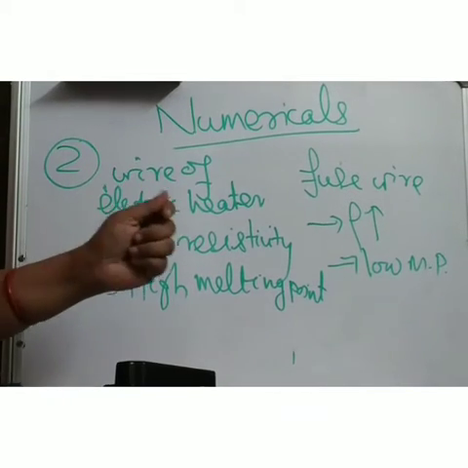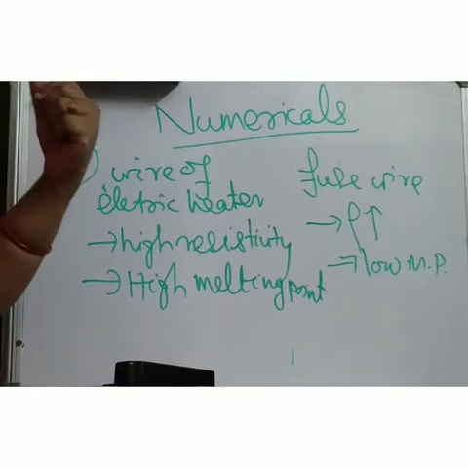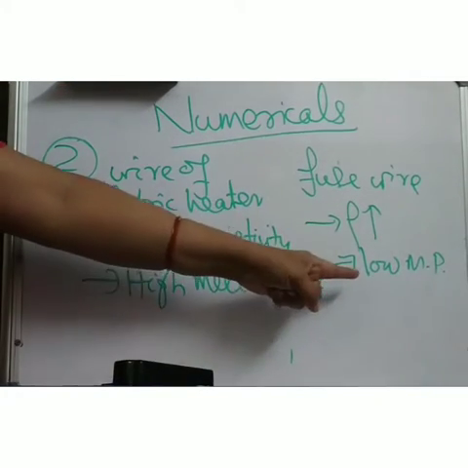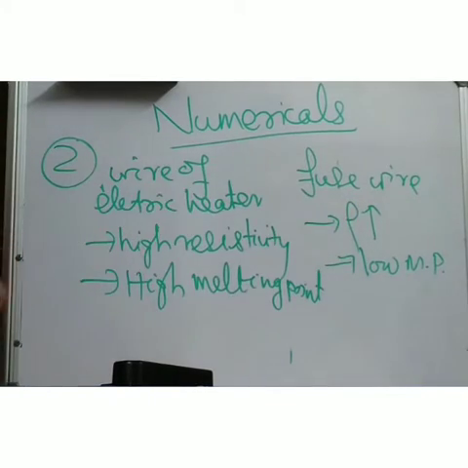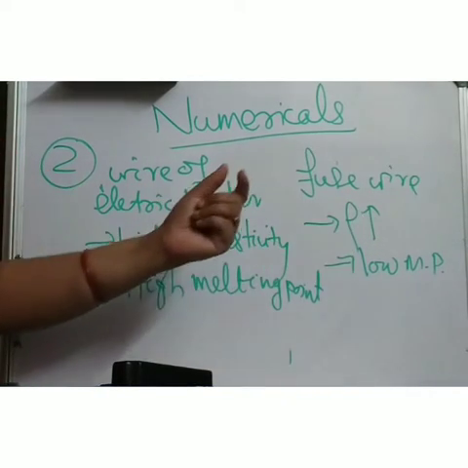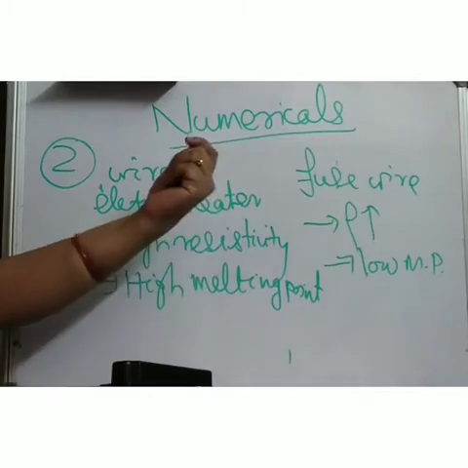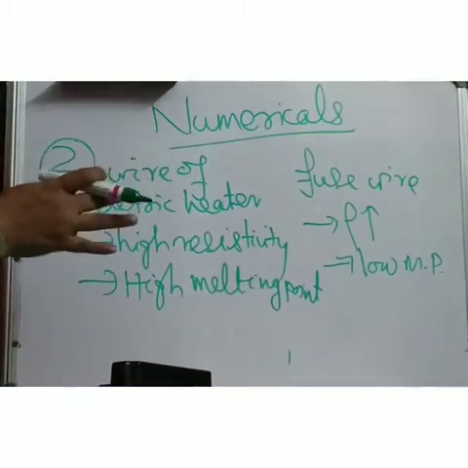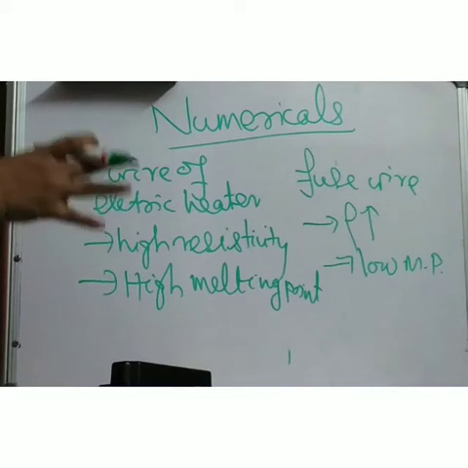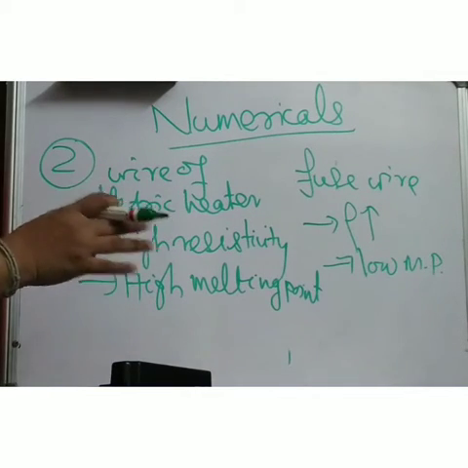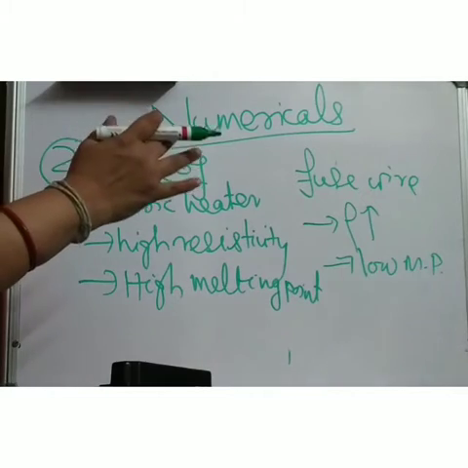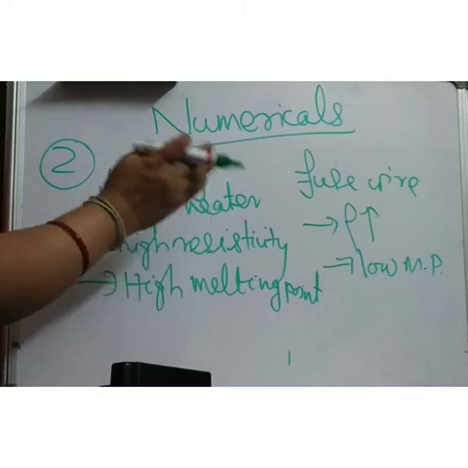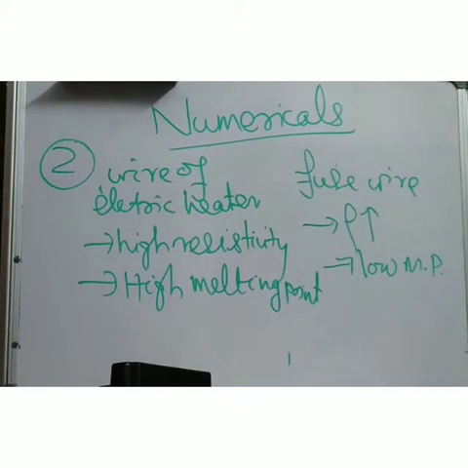So if a sudden large current passes through the fuse wire, since the melting point is low, the wire will immediately melt. When the wire melts, it will disconnect the connectivity from the power supply to our home wiring or office wiring. So that disconnection will be there. That means it is preventing accidents or a short circuit in the house.